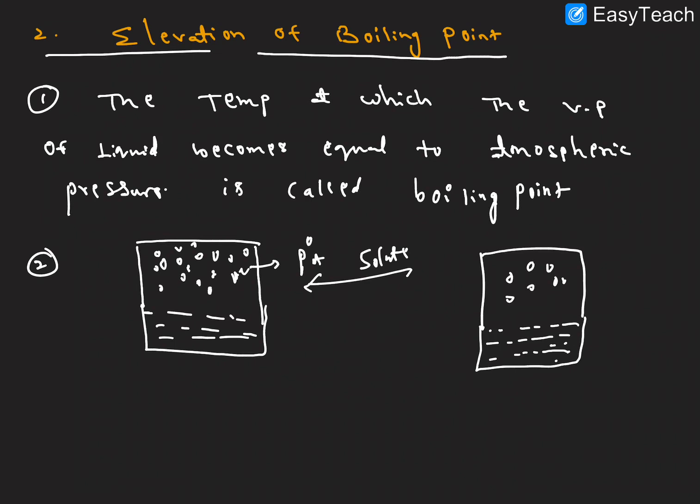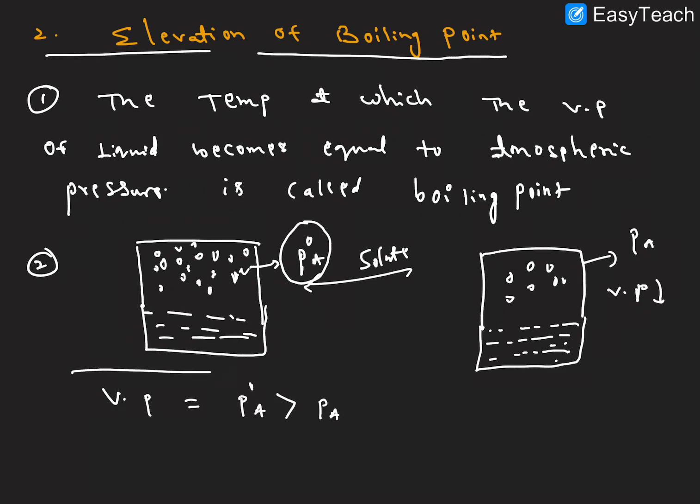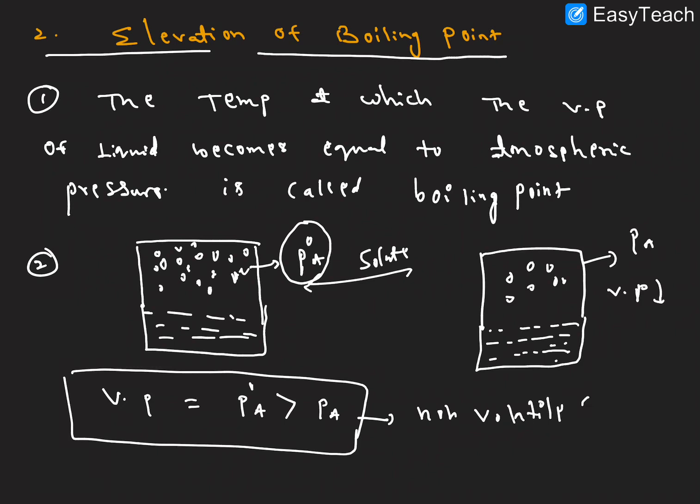So by adding solute, the vapor pressure decreases. This is vapor pressure PA, and this is pure solvent P naught A. I hope it is clear up to here. Always the vapor pressure of pure solvent is greater than that of the solution, due to the presence of non-volatile solute. I hope it is clear.